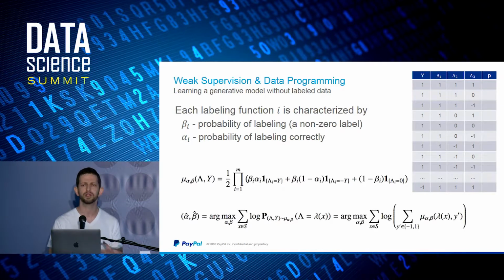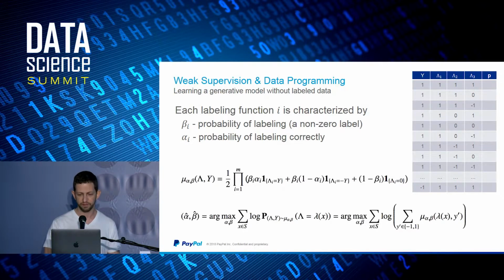Given that it labeled, what is the probability that it actually labeled correctly? Now, if we have n labeling functions, then we have 2n parameters, and if we know these 2n parameters, we know everything there is to know about this model, everything there is to know about this joint probability of the true label and the different possible outputs of the labeling functions.